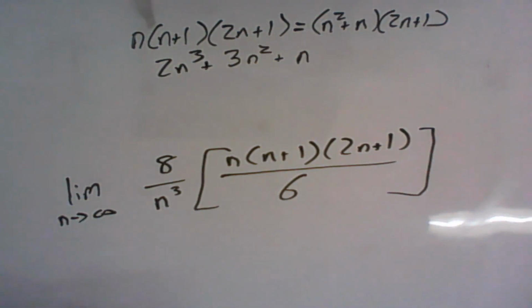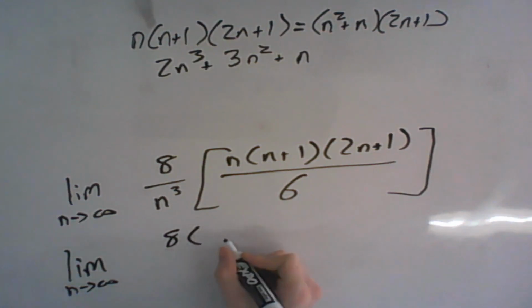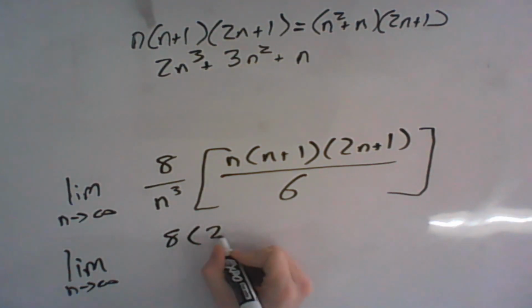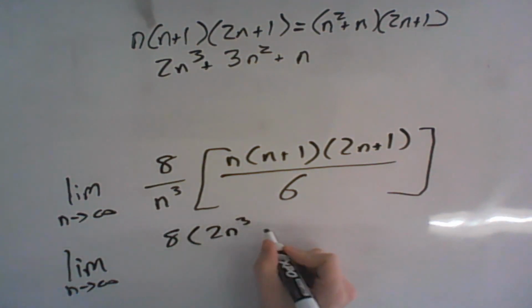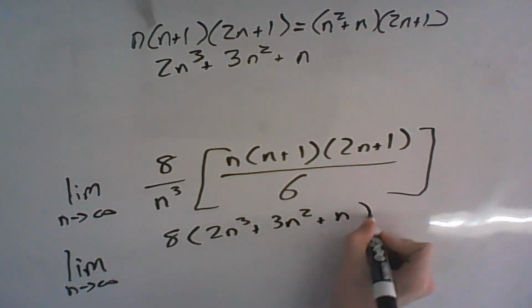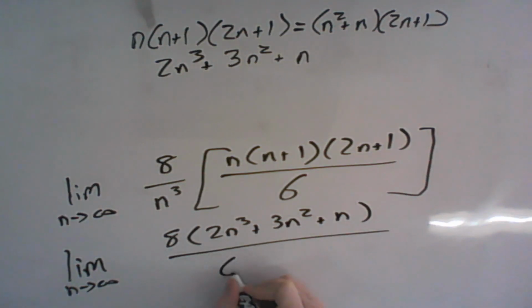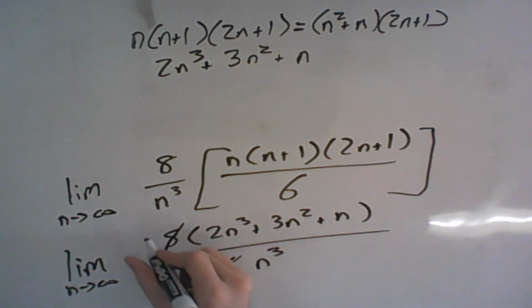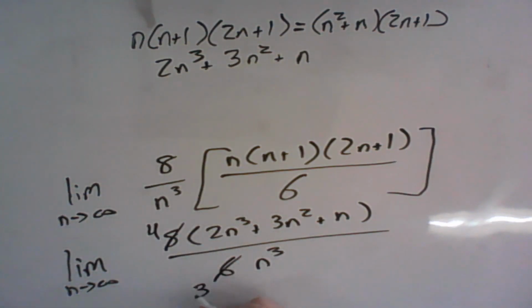So what we get is the limit as n approaches infinity of 8 times 2n cubed plus 3n squared plus n over 6n cubed. Can we cancel anything? Yeah, we can cancel these. So this is 4 over 3.